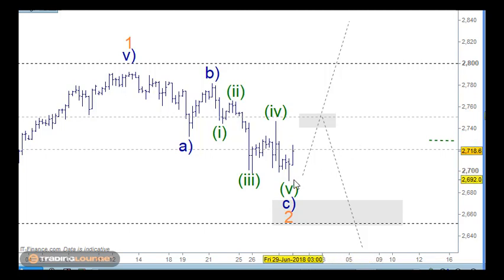But what I'm talking about here is that when you've got the 61.8% mark here, if you get 1, 2, 3, 4, and 5 waves into that 61.8% mark, well then you know that you've got a bullish market at that point. If you only get an A and a B and a C wave into the 61.8% mark, roughly, then it's highly likely that you've got a corrective pattern at that point.